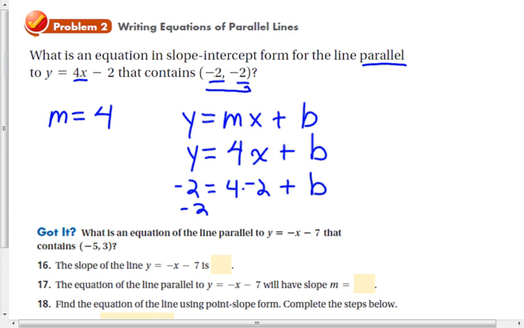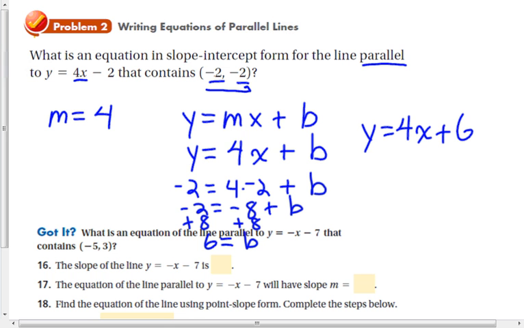So we get -2 equals -8 plus b. Adding 8 to both sides gives us 6 for b. So the equation is y equals 4x plus 6. All right, I'll let you try that.